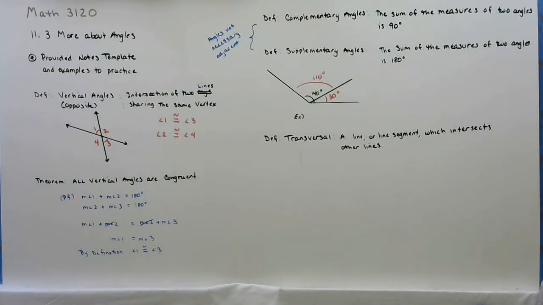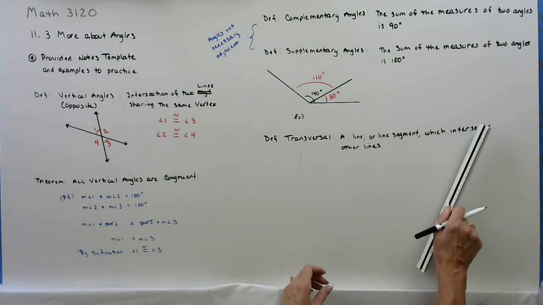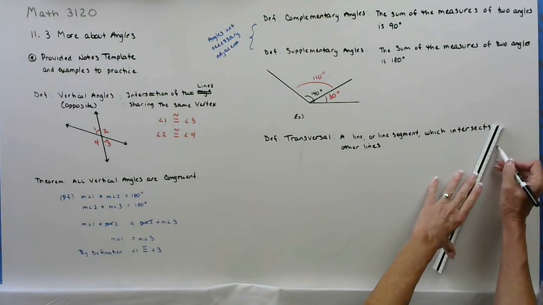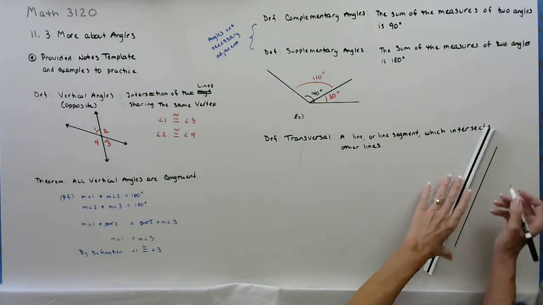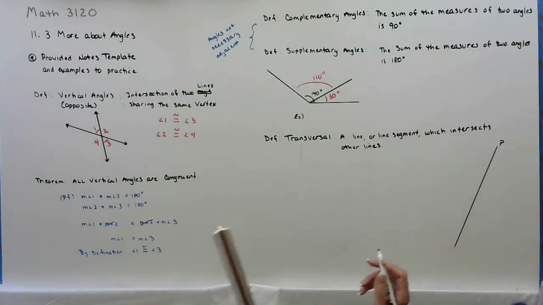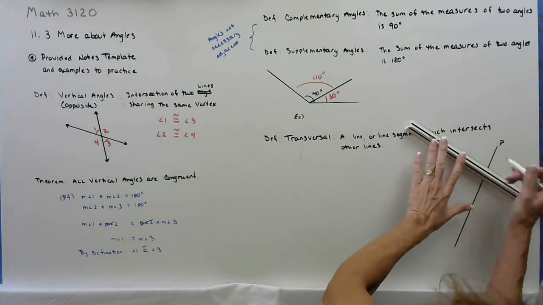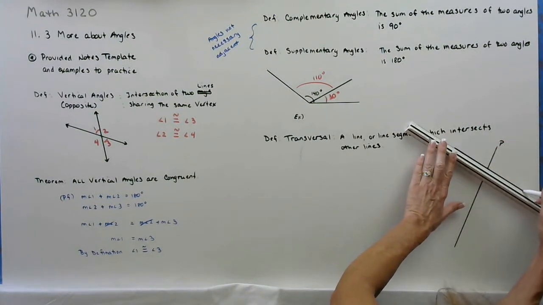So I'm going to give you 3 lines. Okay? I'm going to give you this diagonal line. I'm going to call that line line P. Then we're going to have this line looking something like this.